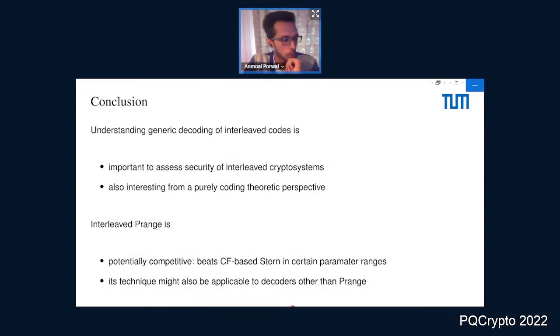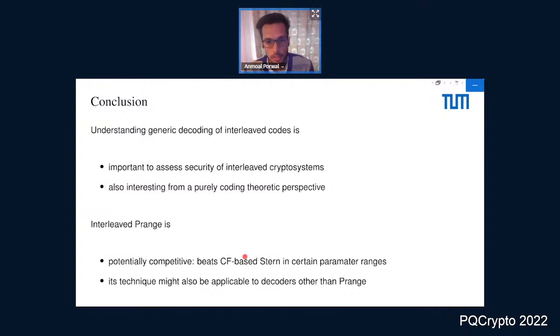Okay, so that brings me to the end of my talk. We looked at why it's important to understand generic decoding of interleaved codes, because it's important to assess the security of interleaved cryptosystems, and also this is just an interesting problem from a coding theory point of view.